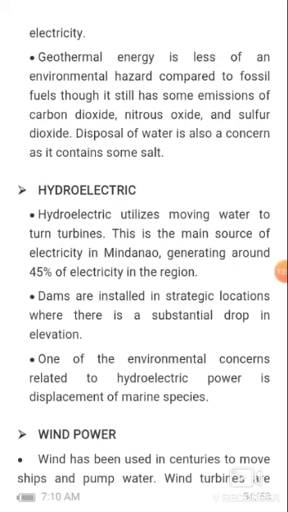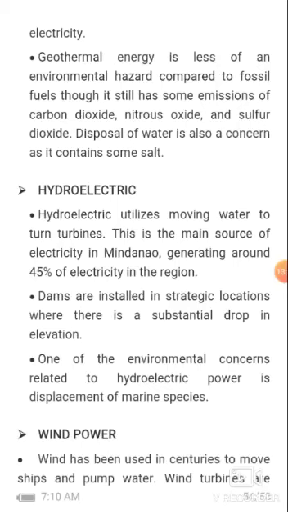Next is hydroelectric. Hydro means water. So the main energy source is water. So hydroelectric utilizes moving water to turn turbines. This is the main source of electricity in Mindanao, generating around 45% of electricity in the region. Dams are installed in strategic locations where there is a substantial drop in elevation.